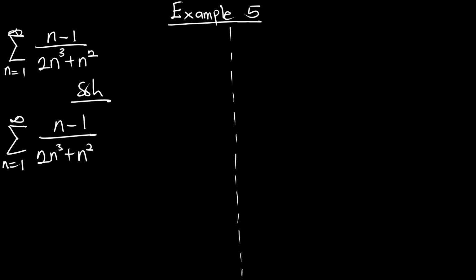Then I will try to compare this series to the summation from n equal to 1 to infinity of n, because for large values, minus 1 is not counting, right? So I can also say, still for large values, n cubed plus n squared. Is that it? Yes.